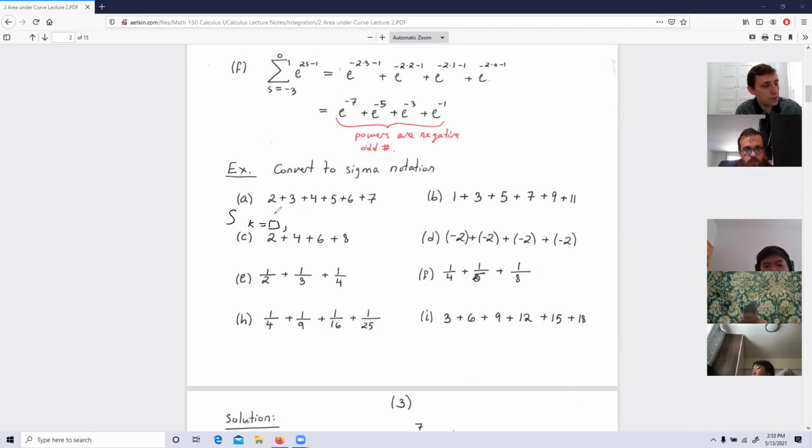So that's first, last, and then semicolon and expression. You understand how you can answer this question? Yes. So you can write S, then little k equal to something, then comma something else. That would be the top number, and then the expression. Can you tell me in the comments what is 2 plus 3 plus 4 plus 5 plus 6 plus 7 in this notation?